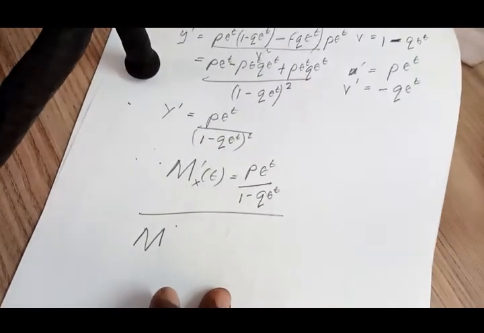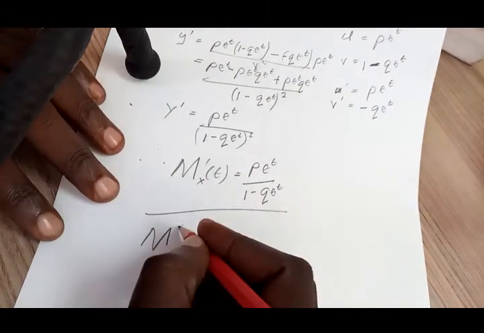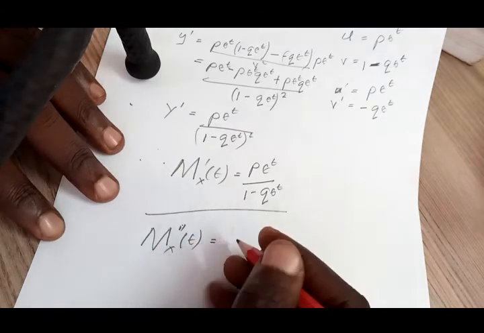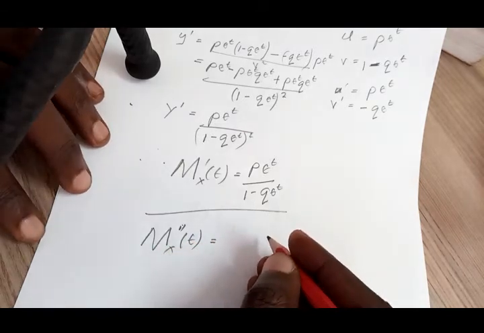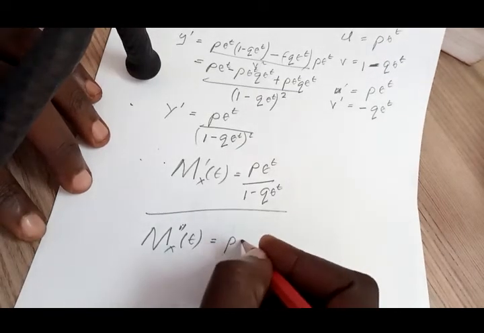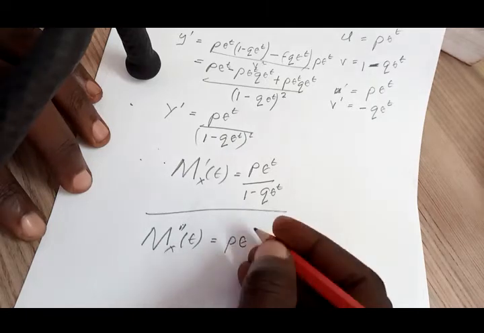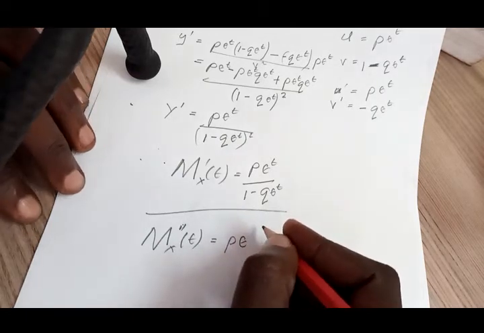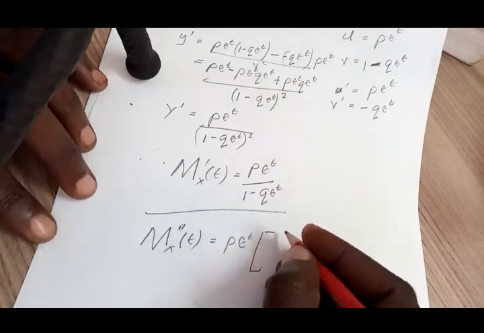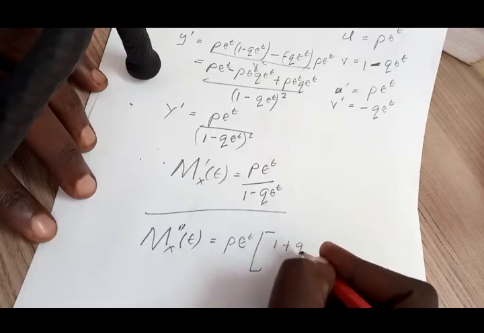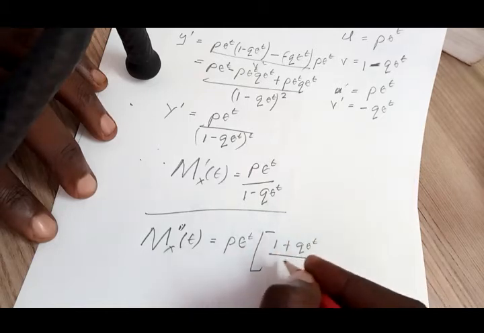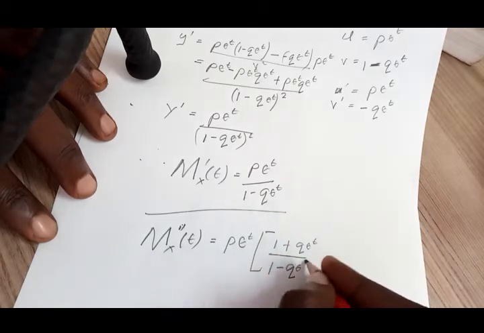After getting the second derivative of M_X(t), the result which I got is p e to the power t, the whole lot multiplied by 1 plus q e^t over 1 minus q e^t.